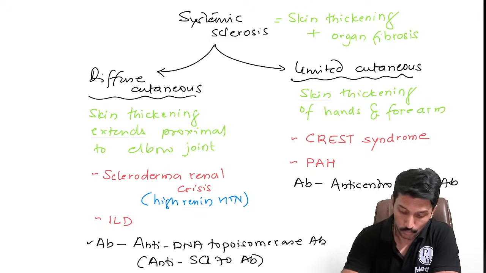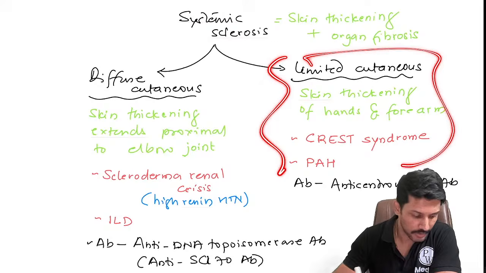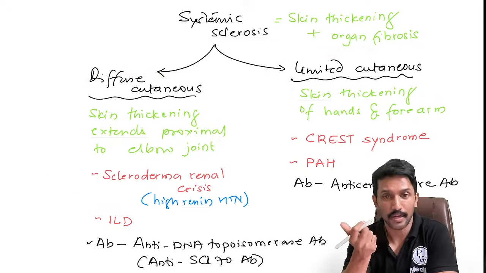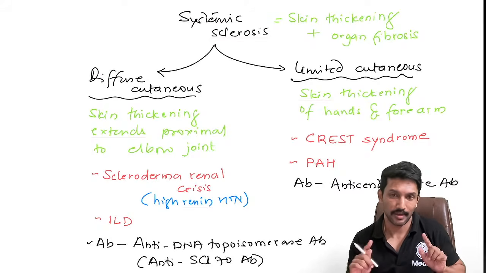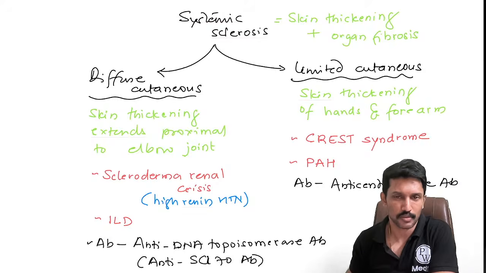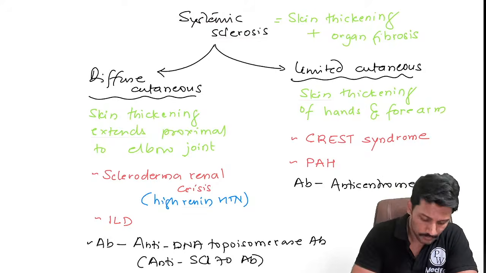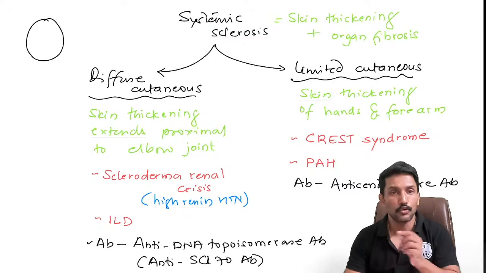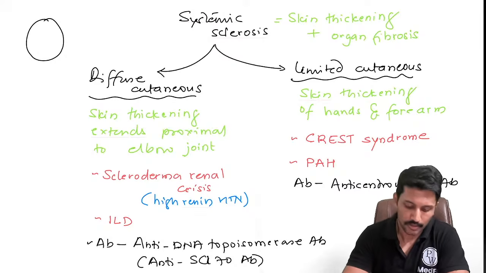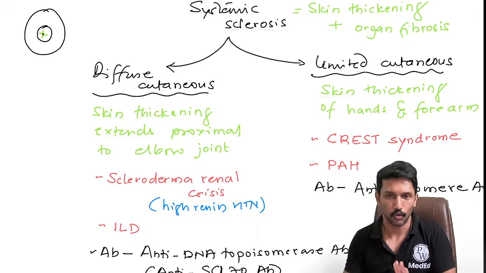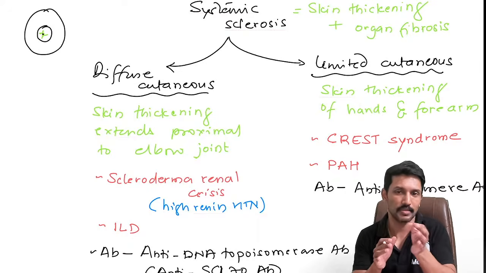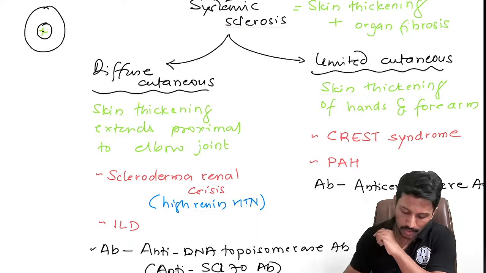In the exam, they might give you details of limited or diffuse cutaneous and then ask which antibody may be responsible. So let me make it easier for you to remember the antibody and which type of systemic sclerosis it is. If I take a cell and ask you to find the centromere, where can you find it? Centromeres are part of the chromosome, so you will find them only inside the nucleus. Can I find a centromere outside the nucleus? No. So the centromere has a limited presence inside the cell. But what about DNA?